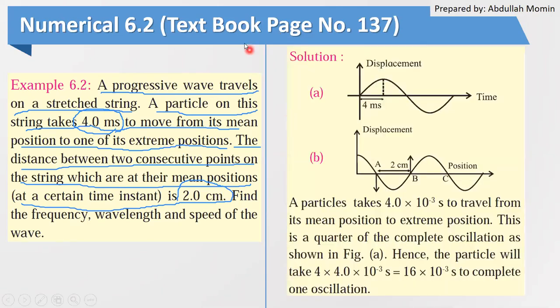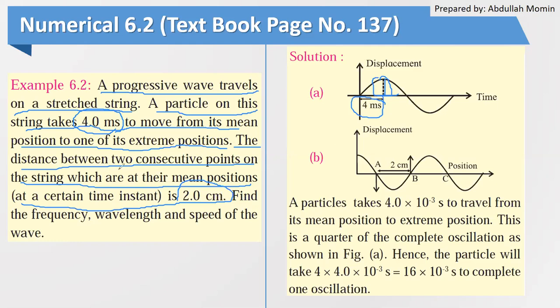So according to this question, what is given now, the particle is taking a time of 4 milliseconds to move from its mean position to one of its extreme position. Means this is the distance, and this distance has been covered in 4 milliseconds.